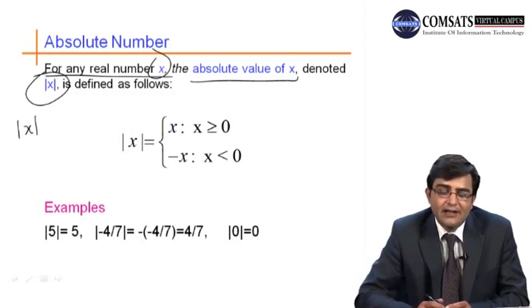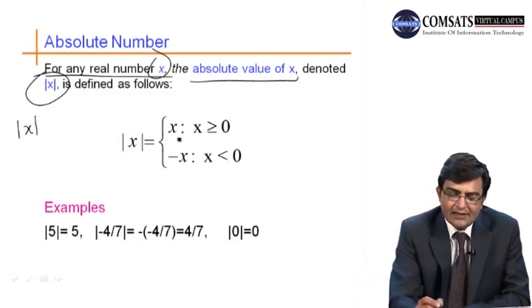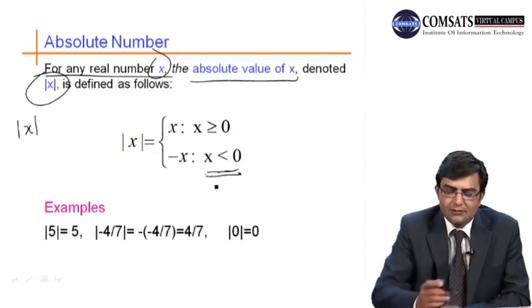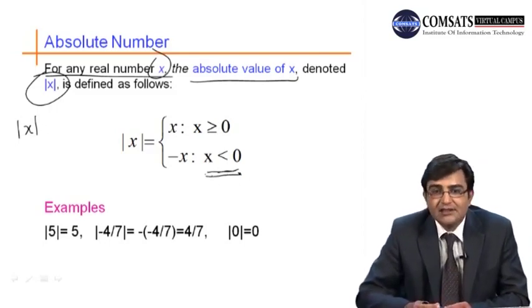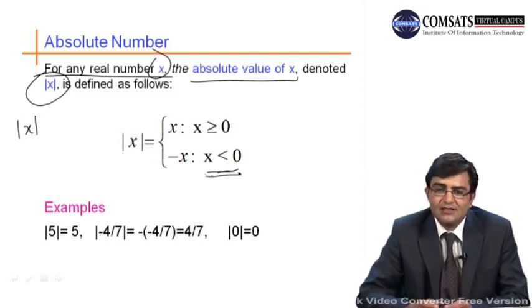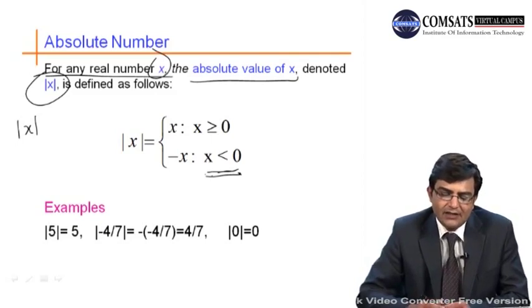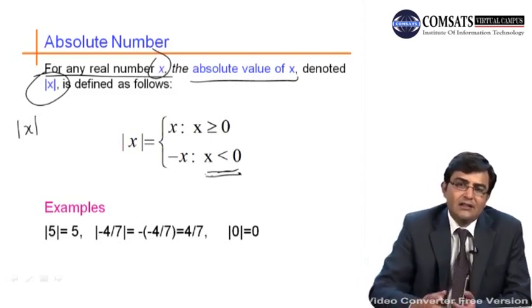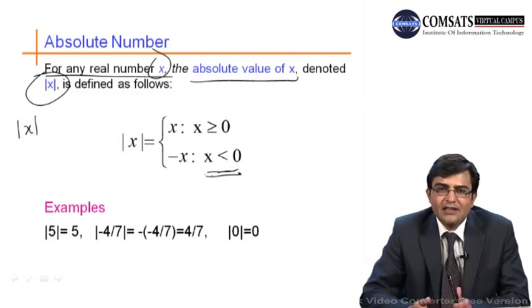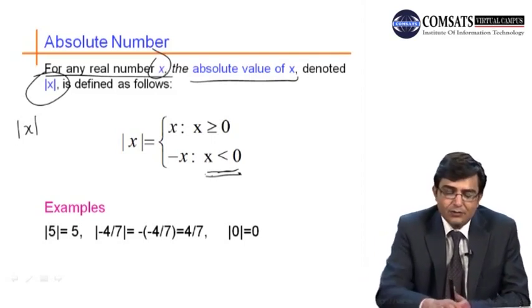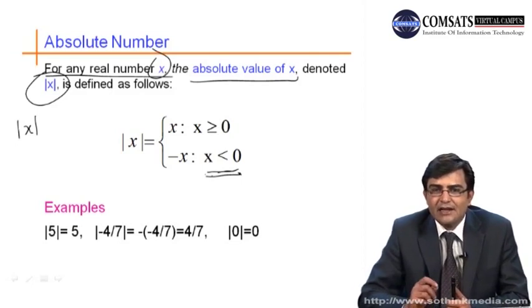Now how do we define the absolute of x? This is defined as x when x is greater than or equal to 0, and minus x when x is less than 0. I told you that this function basically converts numbers into positive numbers, whether the given number is negative or positive. If the given number is positive, the absolute of that number remains the same. If the given number is negative, the absolute function multiplies it by minus to convert it to a positive number.